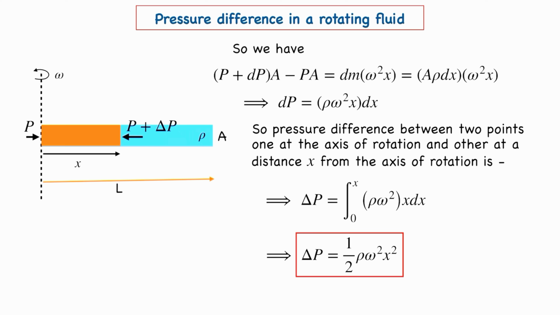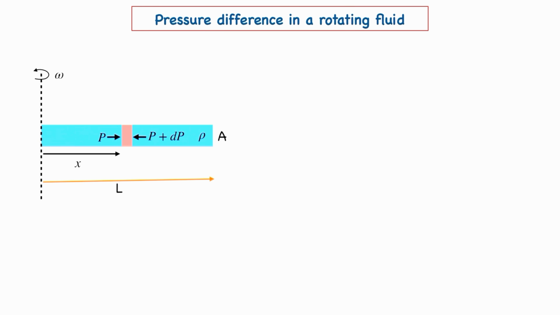But if we want to calculate the pressure difference between the 2 points which are situated at a distance x1 and x2 from the axis of rotation, then we have to integrate this from x1 to x2.